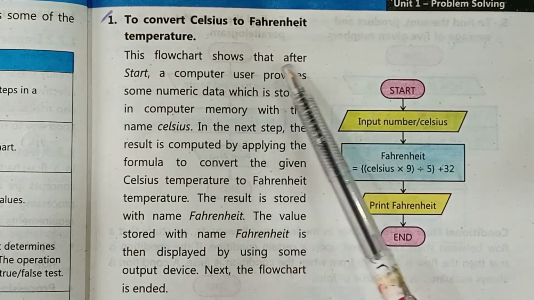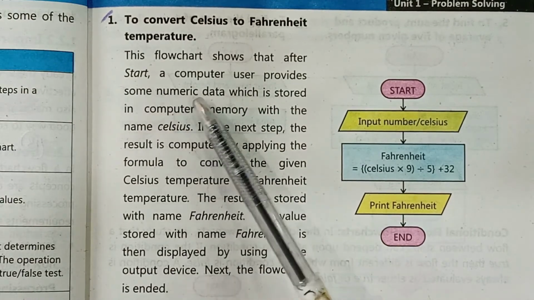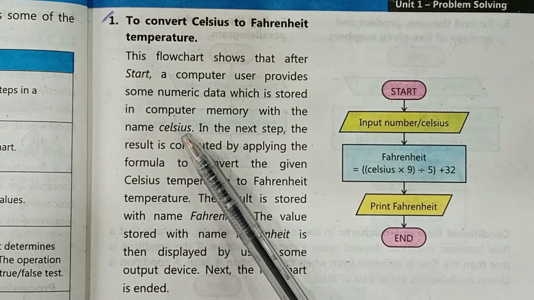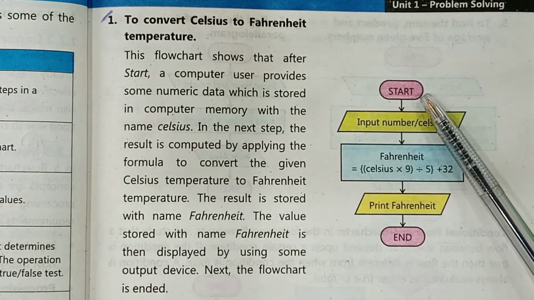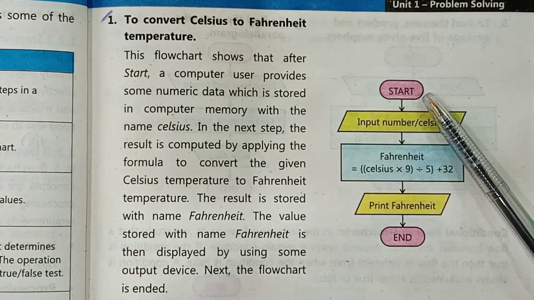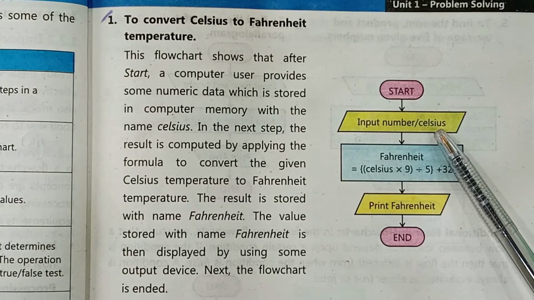This flowchart shows that after start, a computer user provides some numeric data which is stored in computer memory with the name Celsius. Students, as you can see, the flowchart is starting with the terminal symbol. Then a user provides some specific name in the computer memory, Celsius.